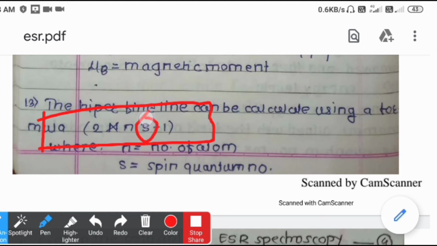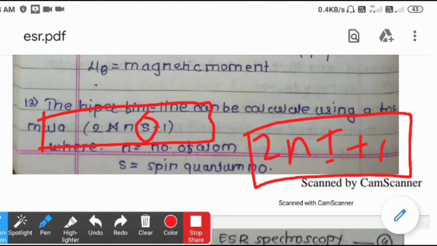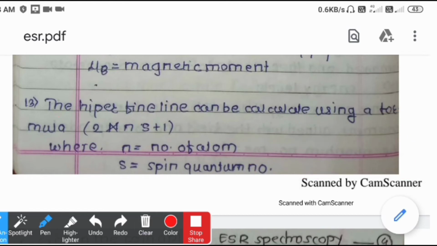Here for the electron we use s, and for other nuclei we use the formula 2nI plus 1. Here s is the spin quantum number for the electron, and I is the spin quantum number for the other elements.